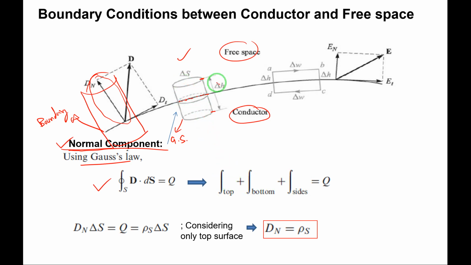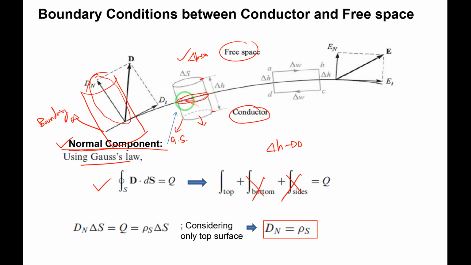Here delta H is almost approaching 0, so sides are absent, and the bottom is 0 because the field inside the conductor is 0. We discard the bottom as well as the sides because delta H approaches 0, meaning it is approaching the surface or boundary.